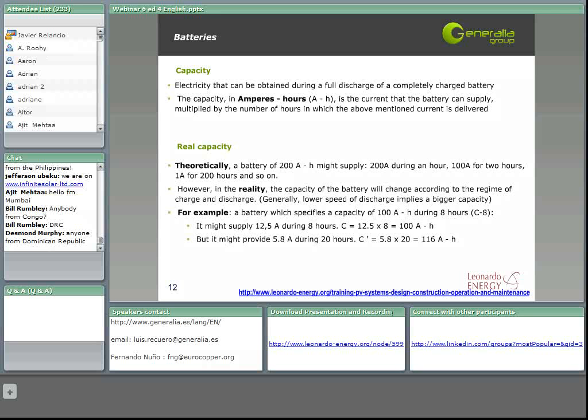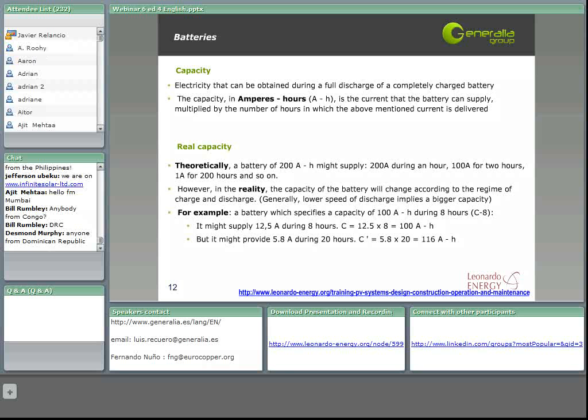Anyway, every time that we want to buy a battery, it specifies the number of hours for that capacity.